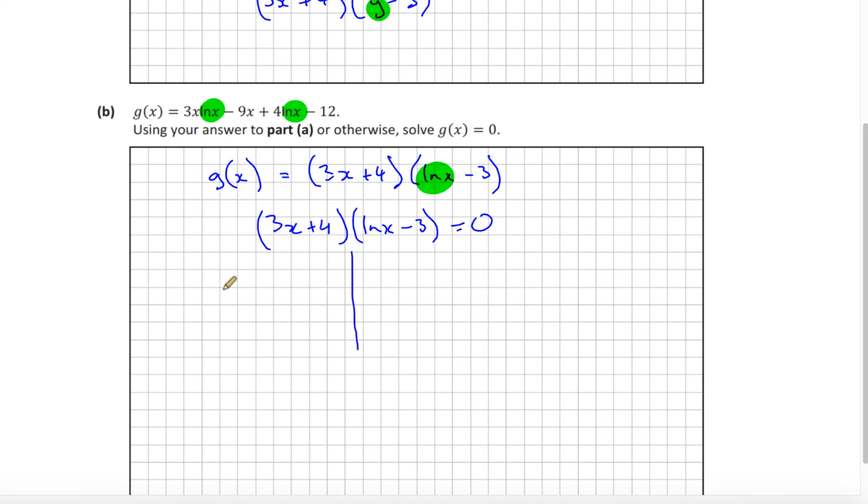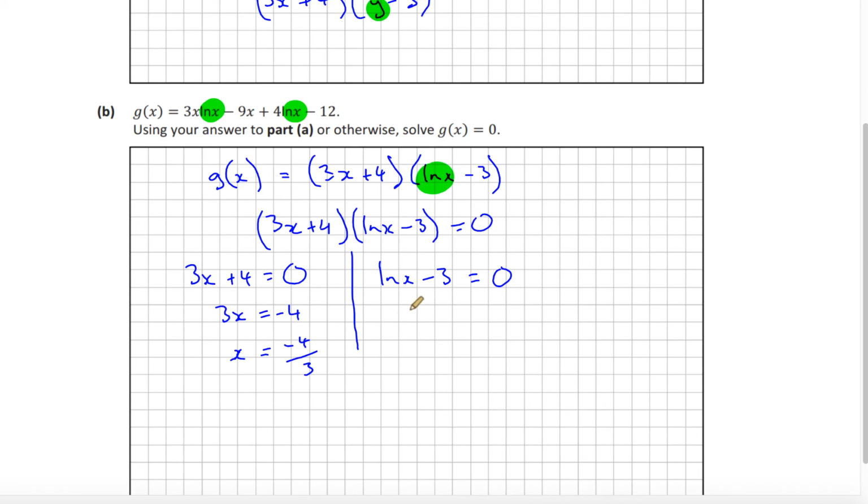So either the first bracket is 0, 3x plus 4 is 0, or the second bracket, ln x minus 3 is 0. Okay, so if 3x plus 4 is 0, well then 3x is equal to negative 4 when you bring the 4 over, which means x is negative 4 divided by 3. Divide both sides by 3. So that's one answer.